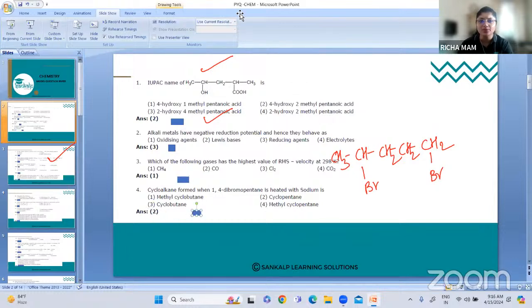Option number 2, you will get a cyclopentane. Fine.